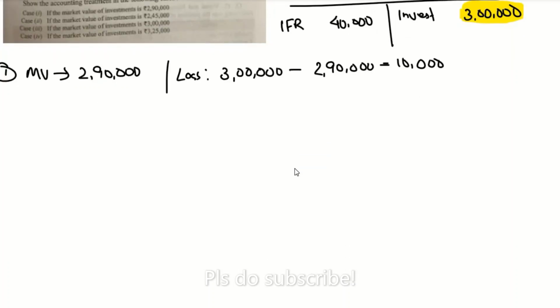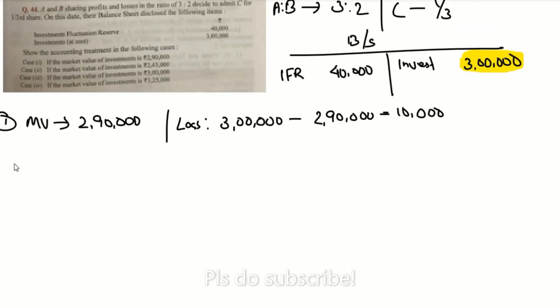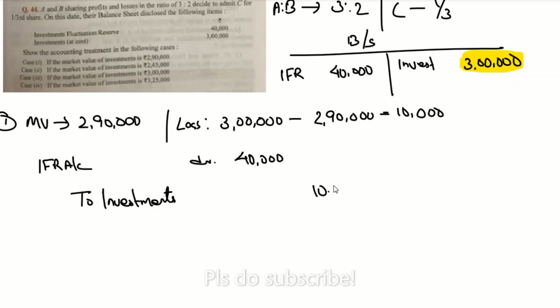So in this case, the journal entry will be investment fluctuation reserve account debit 40,000. We have 40,000 in investment fluctuation reserve account. Then we have to bring down the value of investment by 10,000, because now the book value is 3 lakh, whereas the market value is only 2,90,000. So to investments 10,000.